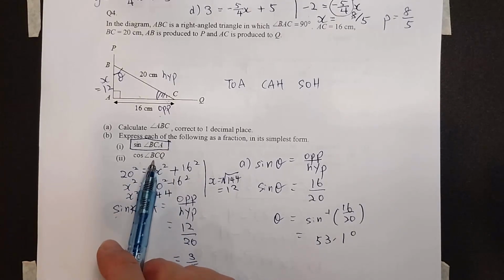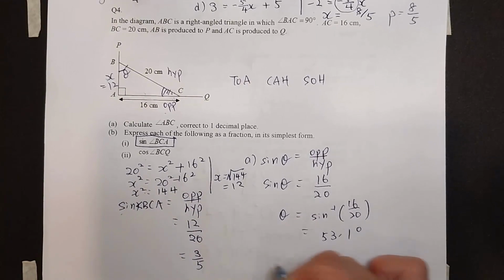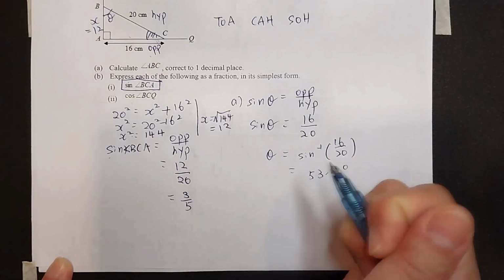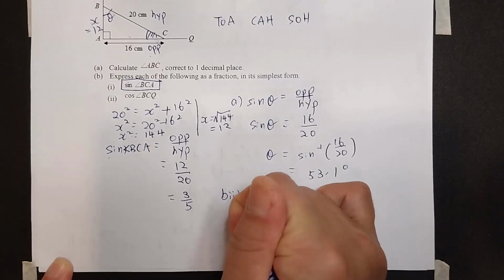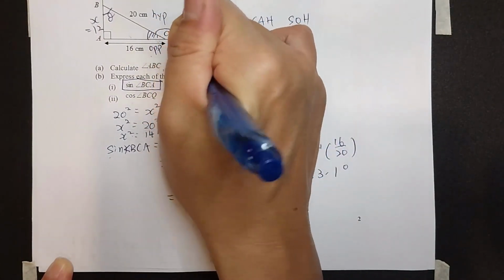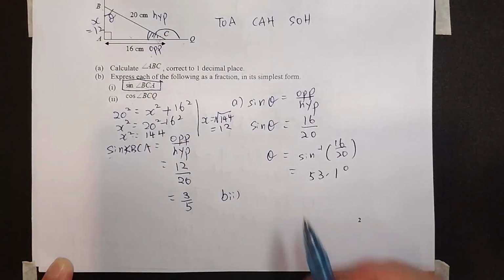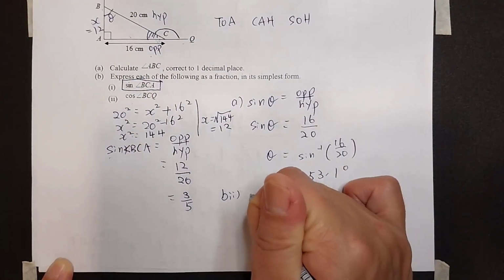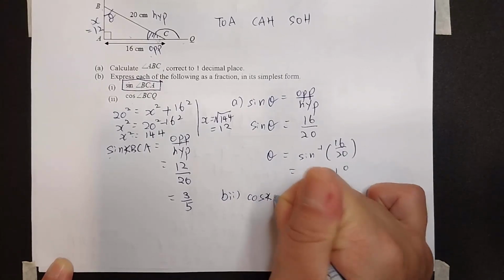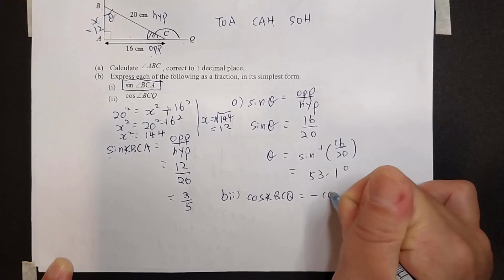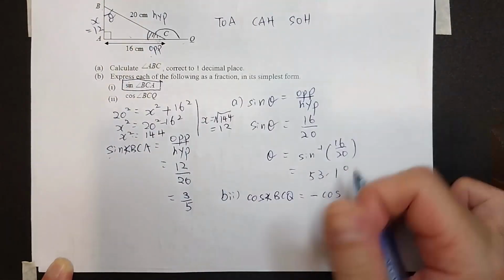For cosine BCQ, right, so now we have part 2. Now, angle BCQ is an obtuse angle. So cosine angle BCQ is the same as negative cosine BCA.